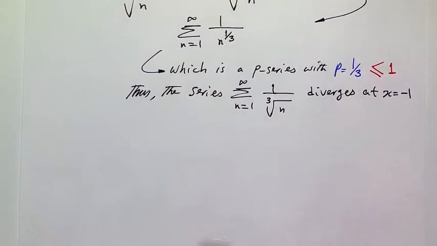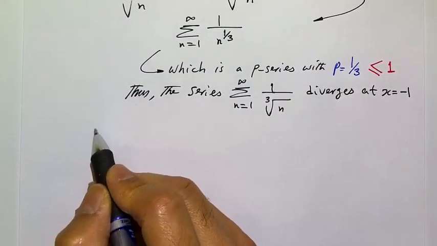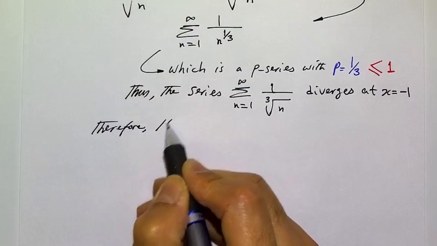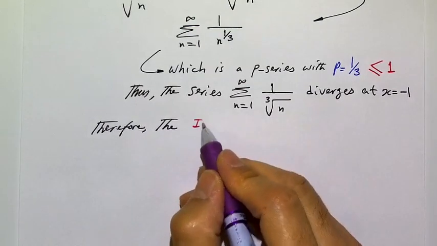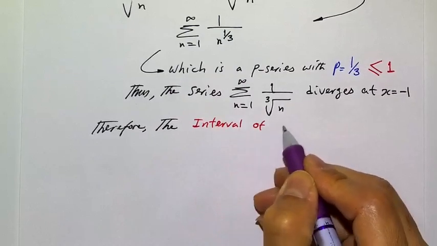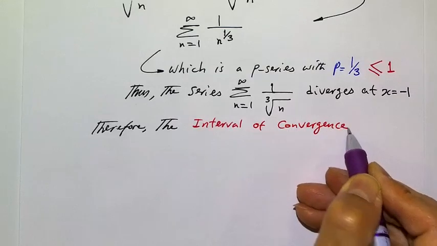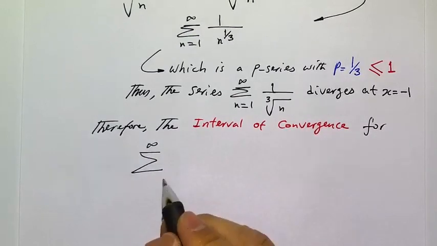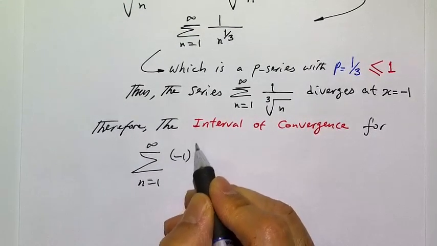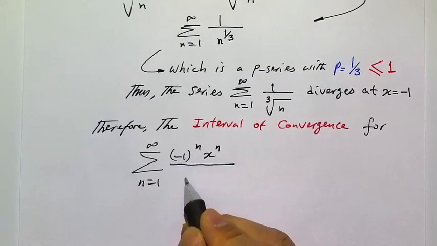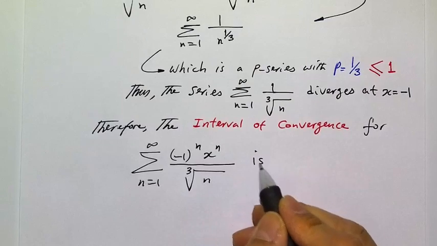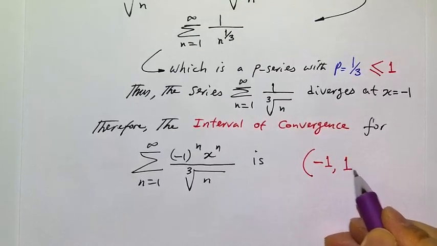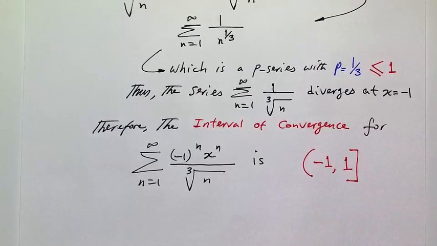So to wrap all of this into the interval of convergence for our series, it is, of course, divergent at -1, but it's convergent at 1, so this is how we would show it.